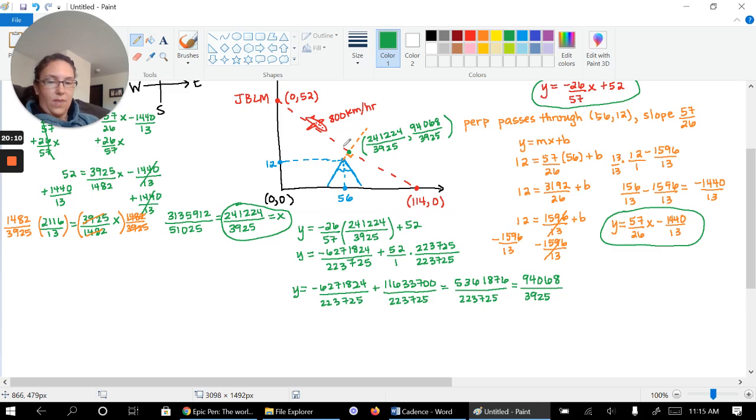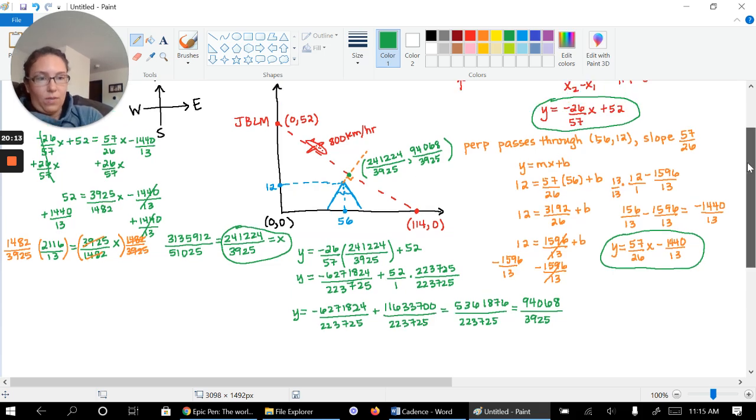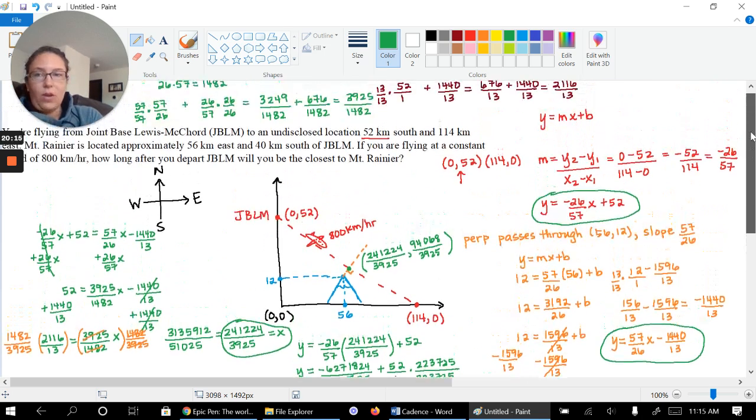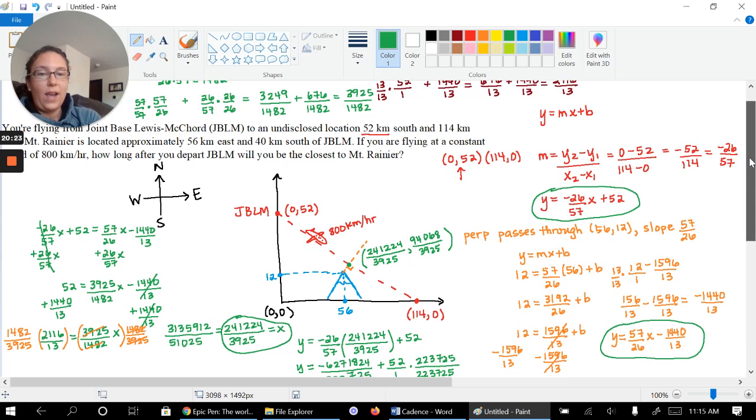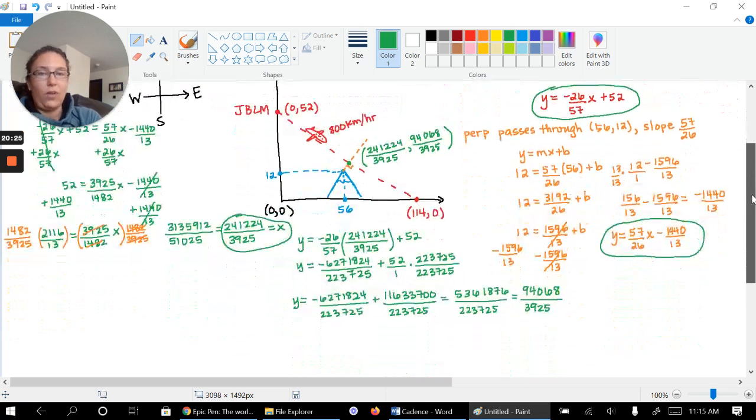Now, that is not our answer to the question, but it's getting us closer. So remember, the question says, how long after you depart will you be the closest? So we did find the location where it will be closest, but now we have to figure out how long it will take for the plane to get there. So the first thing we'll do is figure out what is the distance that the plane had to travel to get to that green point.